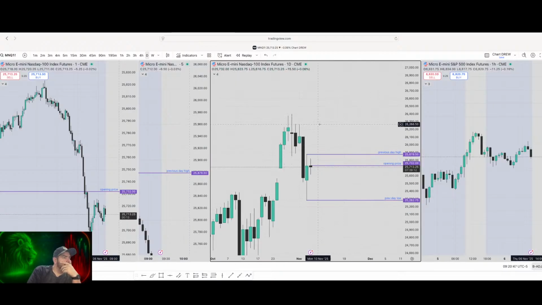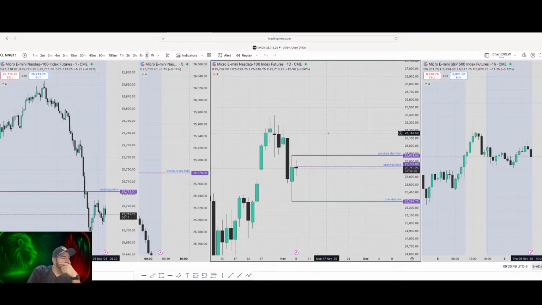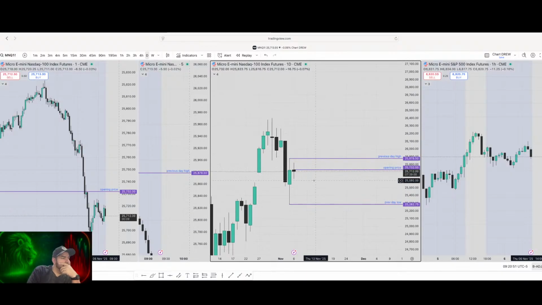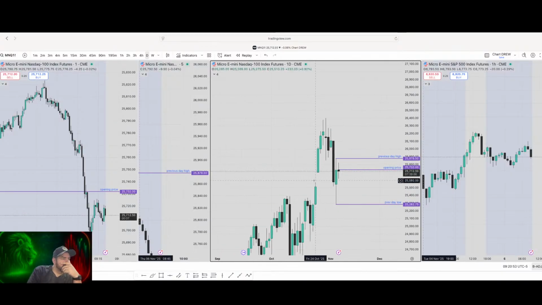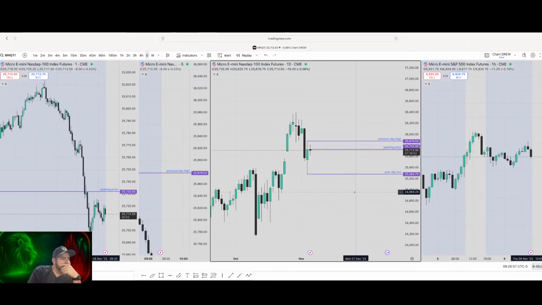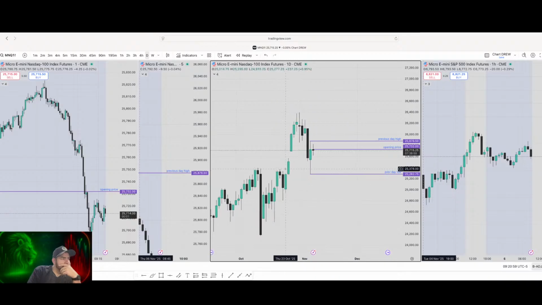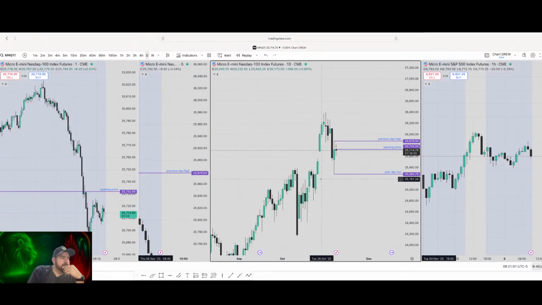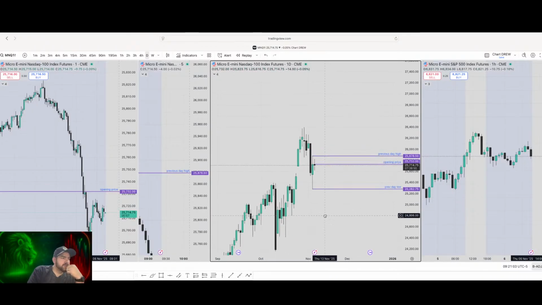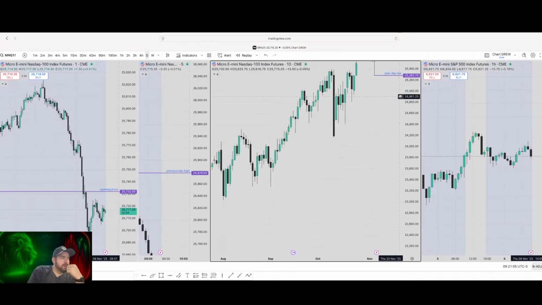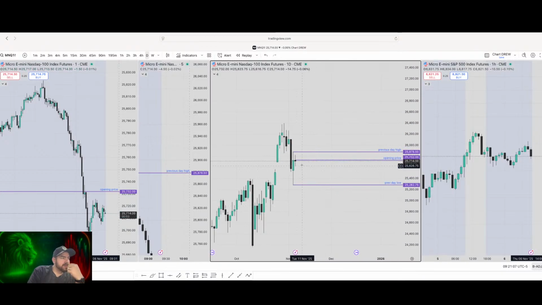Okay, let's see. Just looking at it. We're still uptrend, so it'd be best, and we're down here, so it'd be best to look for longs.